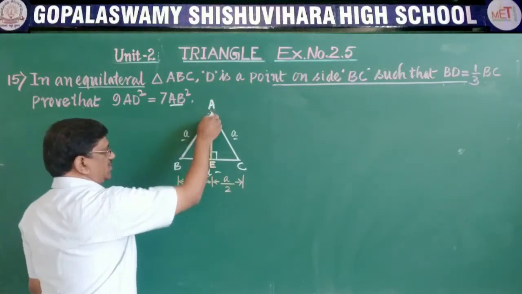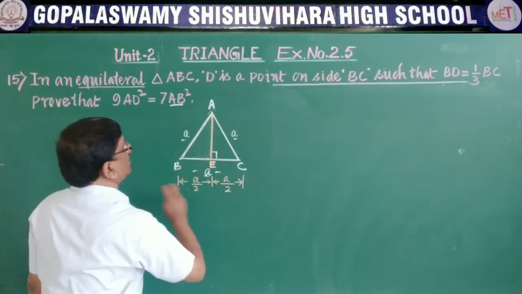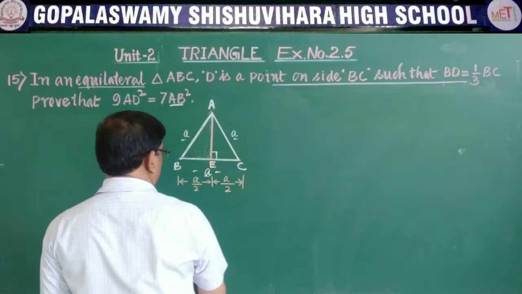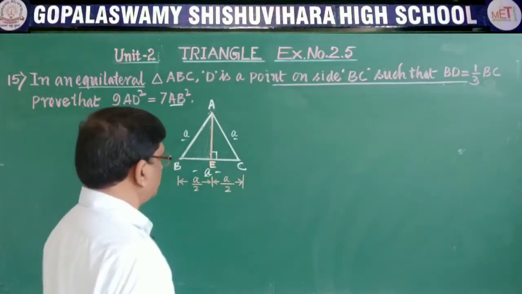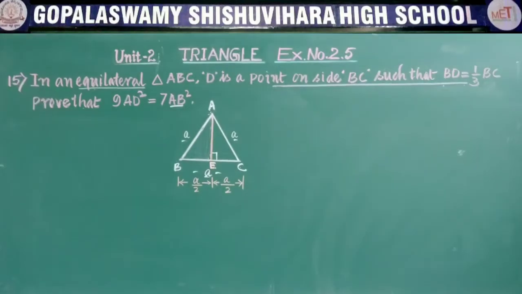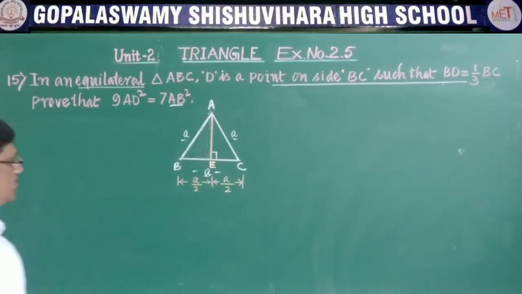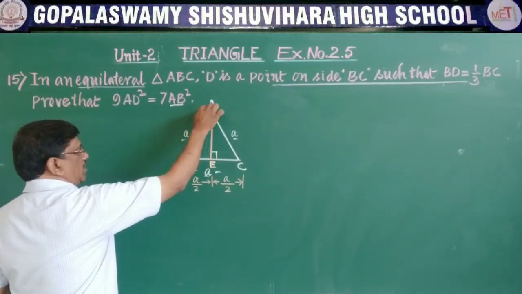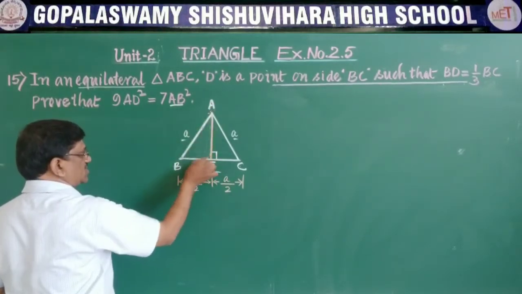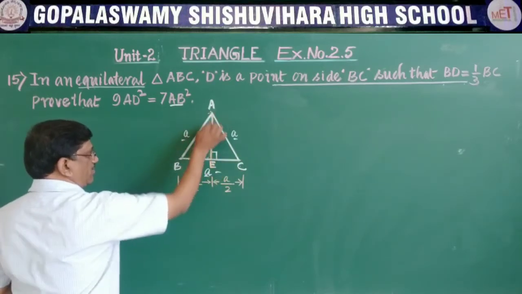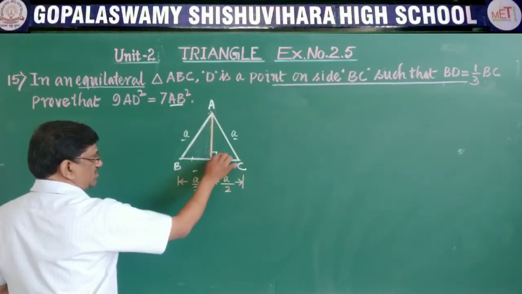The height is nothing but AE, the perpendicular. So, to find out the length of AE, see children, when we draw a perpendicular from a vertex to its opposite side in an equilateral triangle, the perpendicular bisects the side.